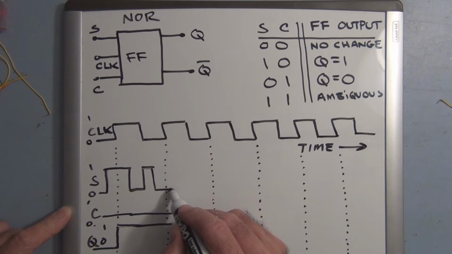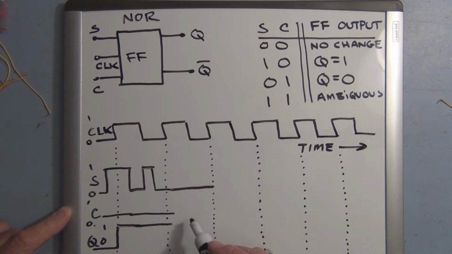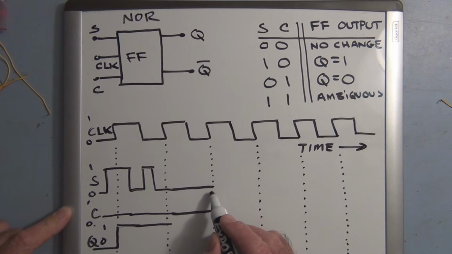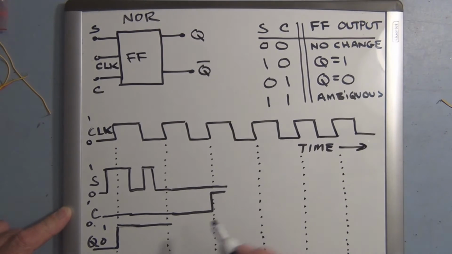So if at this point here the set is now 0 and the clear is now at a 1 state, that will change Q to 0. So at this leading edge here, the Q output will then go to 0.